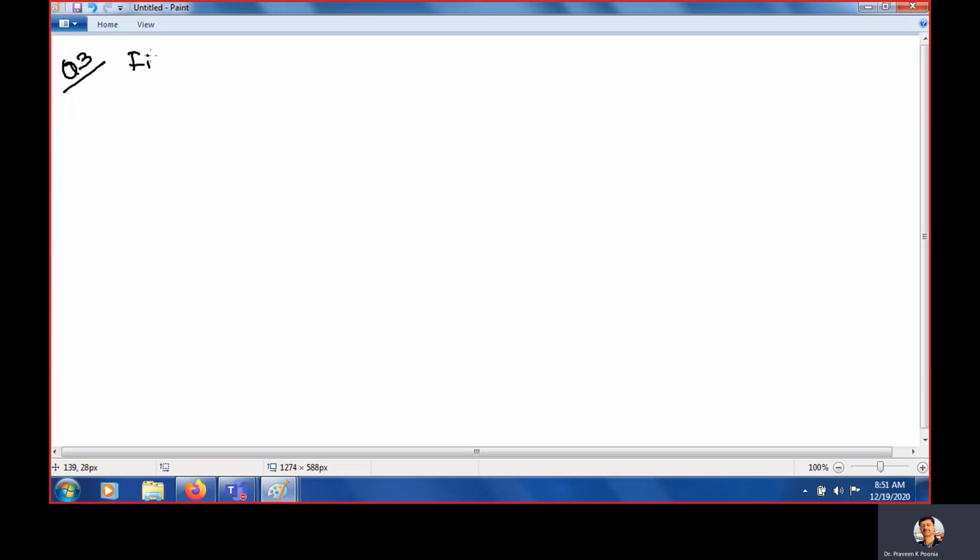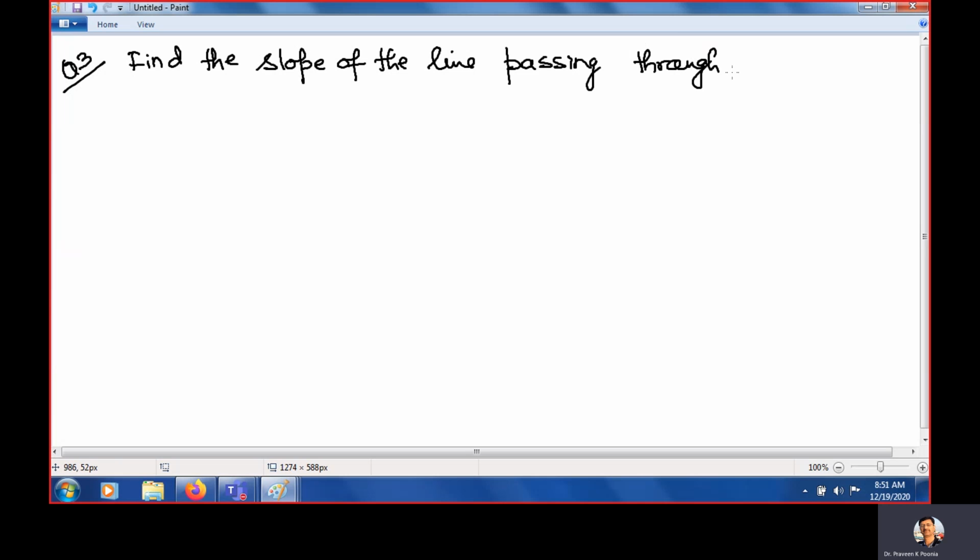Okay, find the slope of the line passing through minus 5, 2 and 3, 2. You can see the y coordinate is same. Y coordinate is same, so it will be 0.